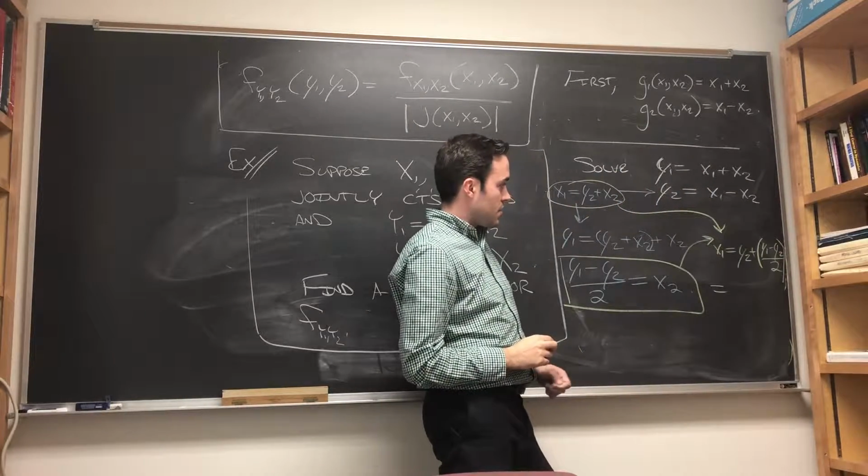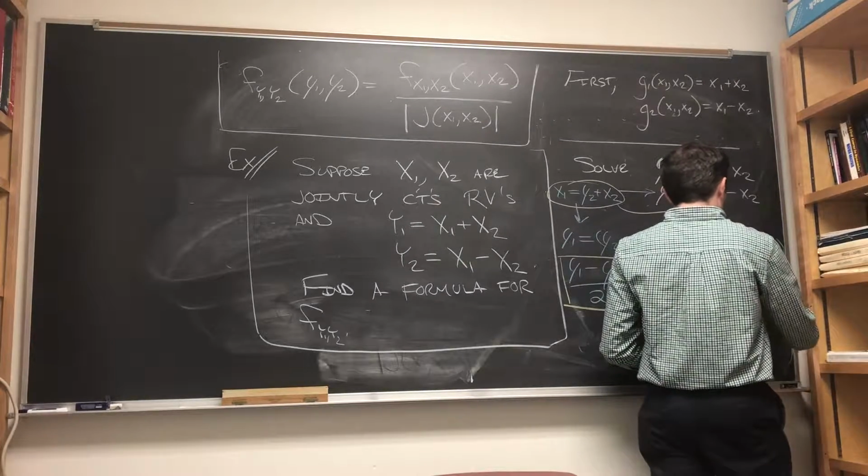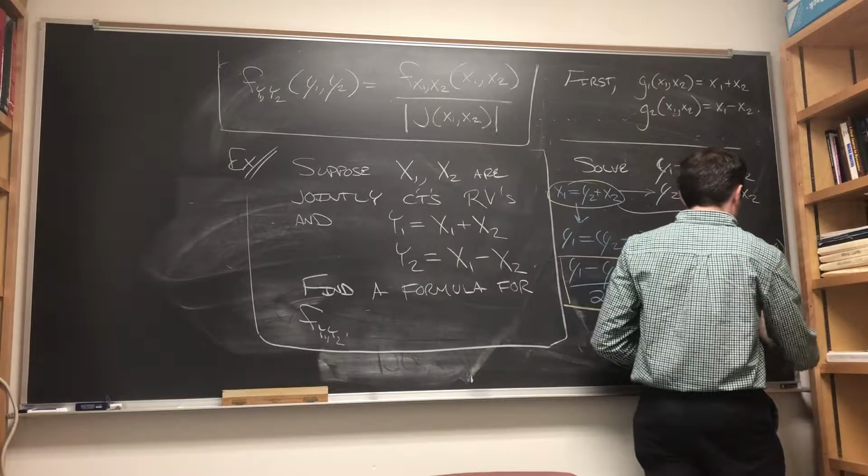Right, and so we've got y2 minus 1/2 y2, so this is really y1 plus y2 divided by 2.